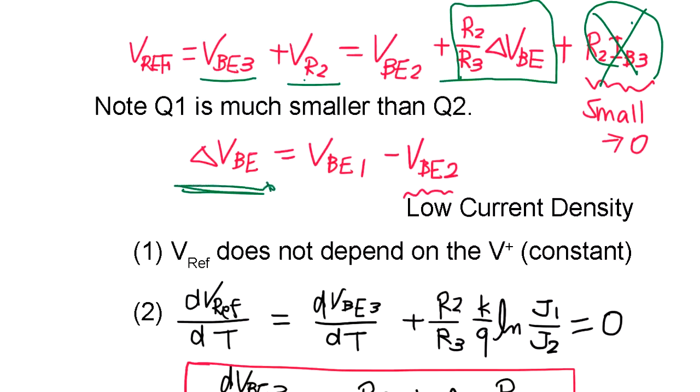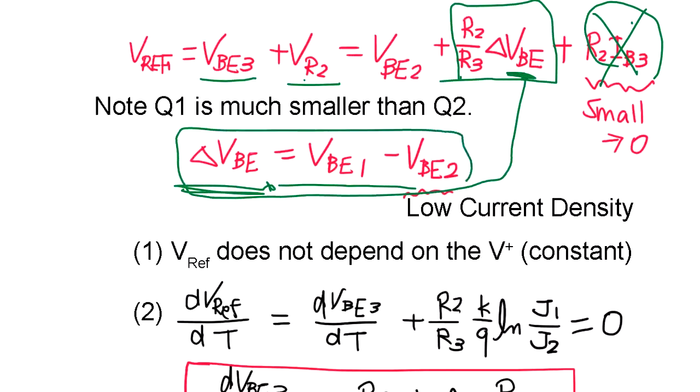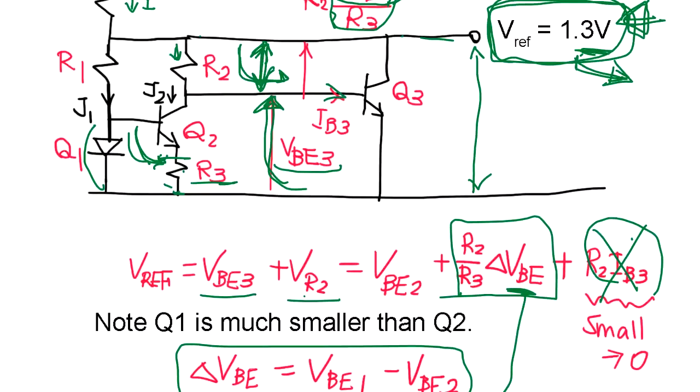So from this equation, the delta VBE here, this guy is the difference between this. And how do we make a difference? We make a difference by making Q2 large and Q1 small transistor.